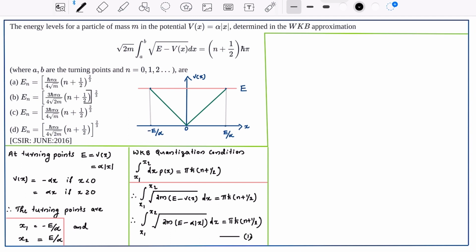We have to simplify equation number 1 and find out what E is.